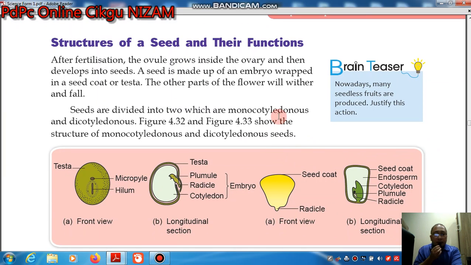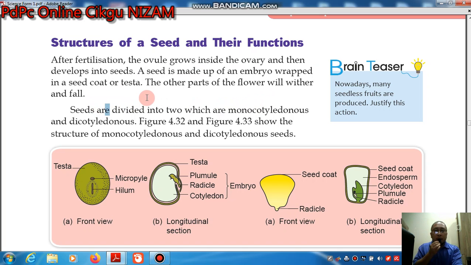Now after fertilization, refer to your textbook, the ovules grow inside the ovary and then develop into seed. A seed is made up of an embryo wrapped in a seed coat, or what we call a testa. The other parts of the flower will wither and fall.